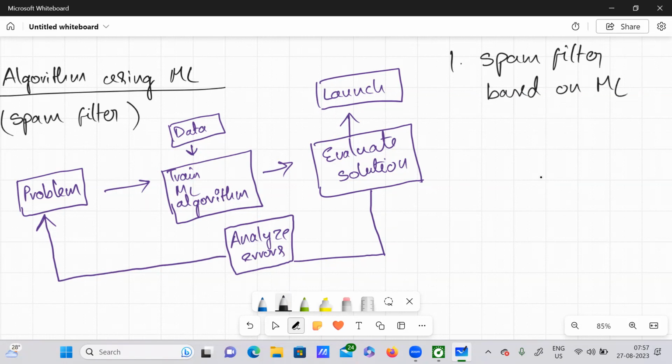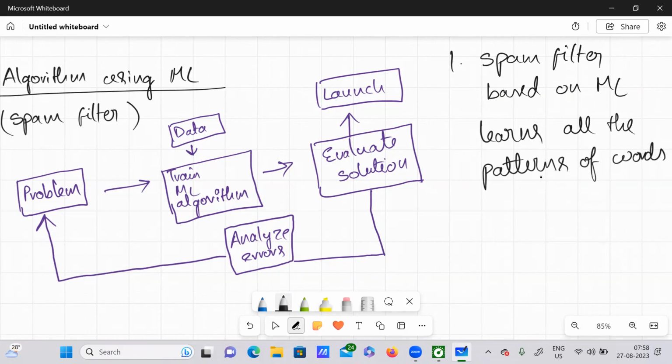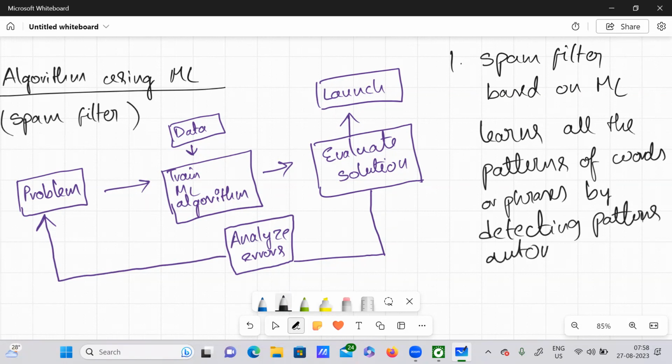A spam filter which is based on machine learning usually learns all the patterns of words or phrases by detecting patterns automatically.